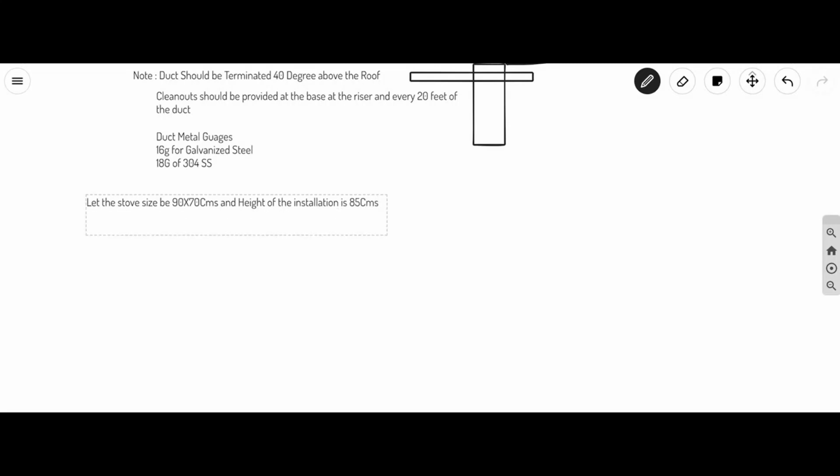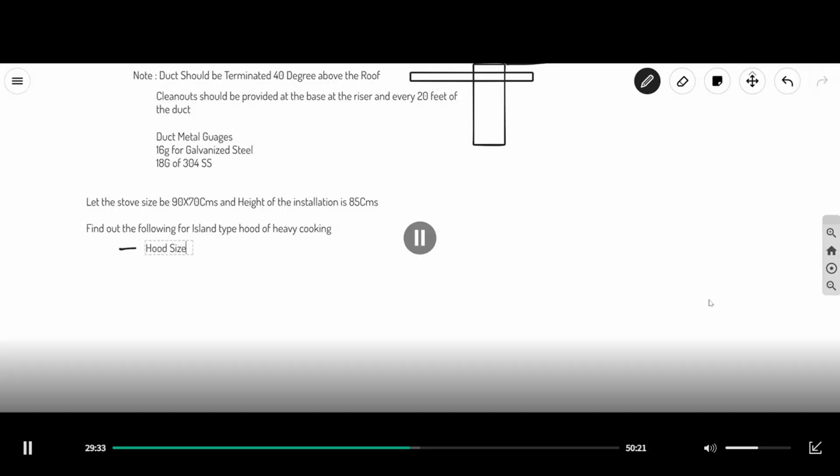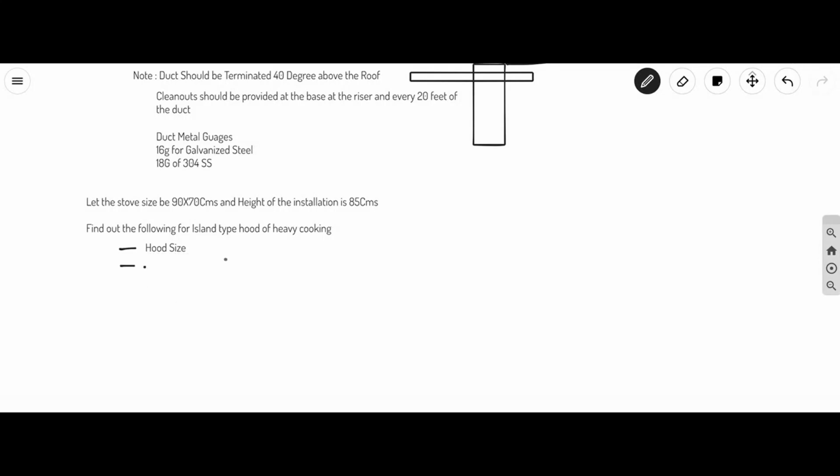Find out the following for island type hood, heavy cooking: hood size, exhaust fan capacity, fresh air fan capacity.